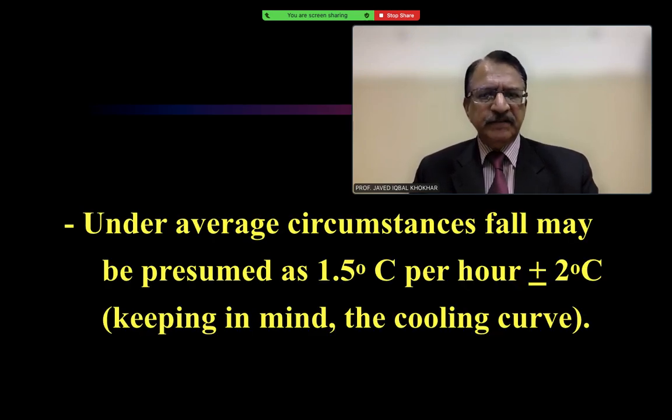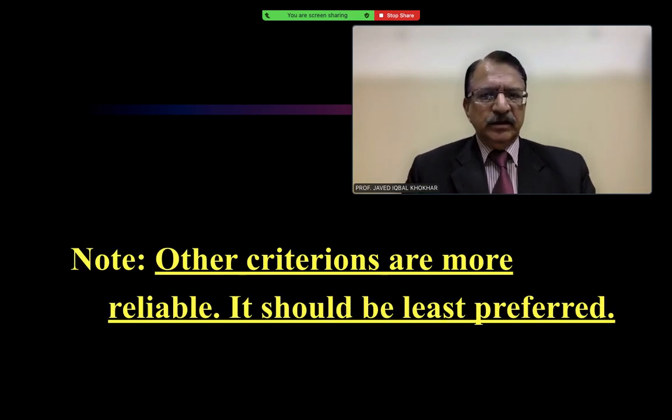So it has been estimated that under average circumstances, the fall may be approximately 1.5 degrees Celsius per hour, plus or minus 2 degrees Celsius, keeping in mind the cooling curve. So other criteria are more reliable.